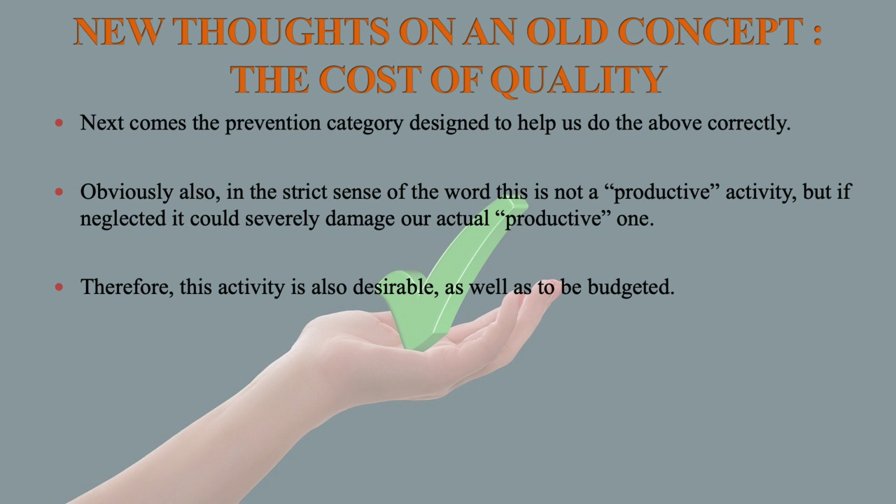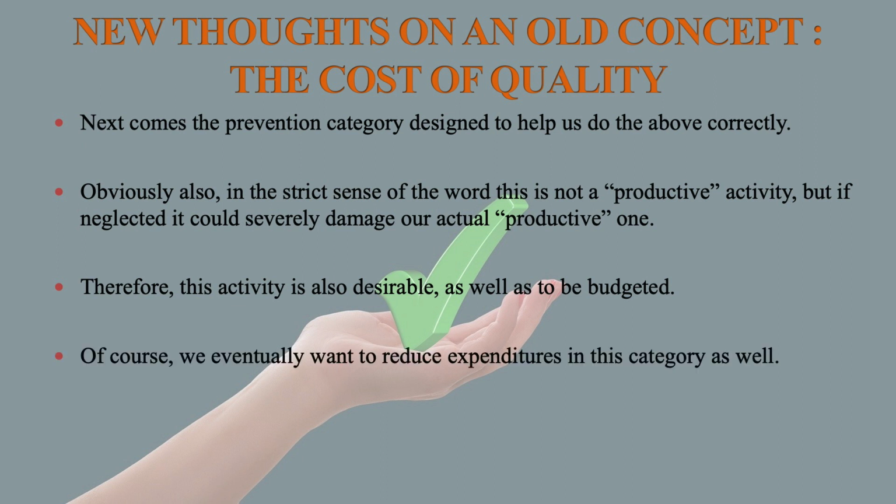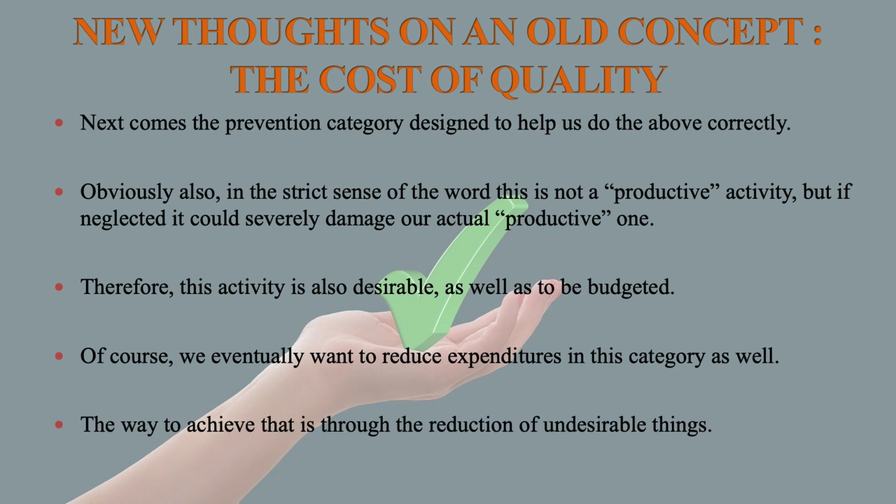Therefore, this activity is also desirable as well as to be budgeted. Of course, we eventually want to reduce expenditures in this category as well. The way to achieve that is through the reduction of undesirable things.